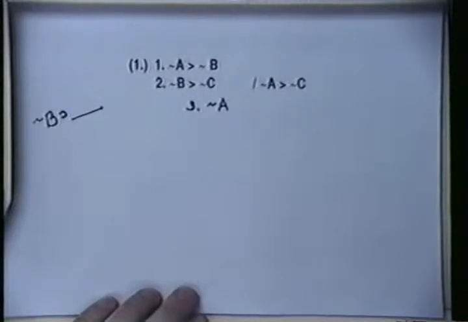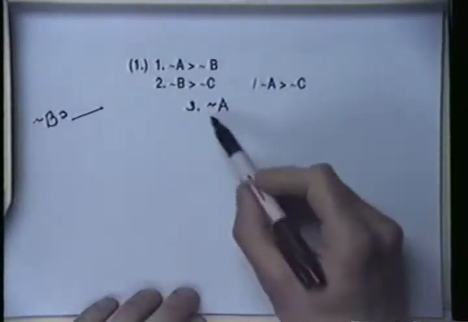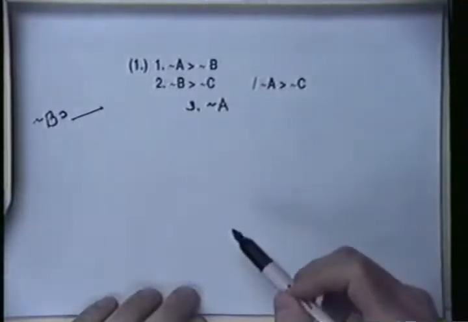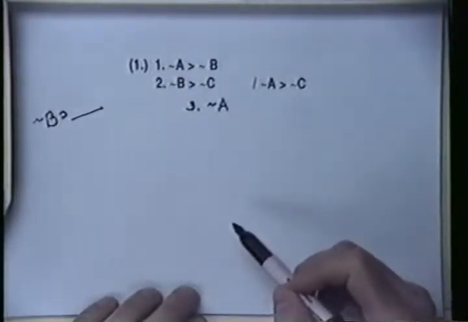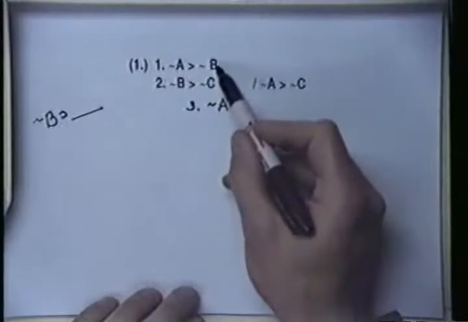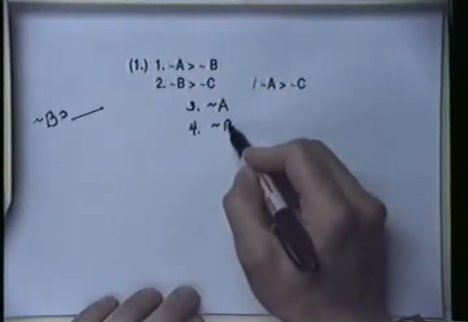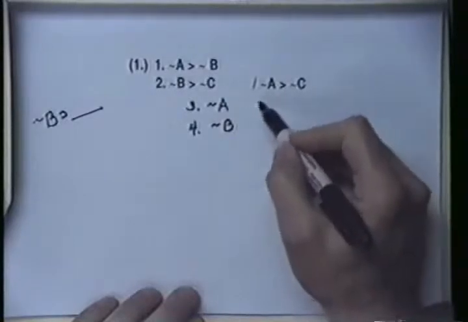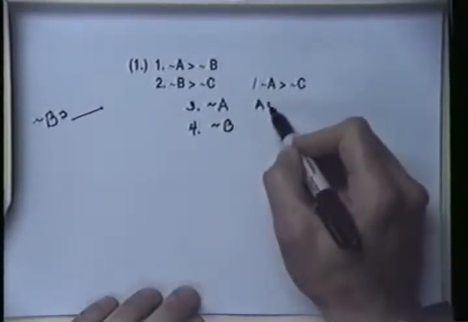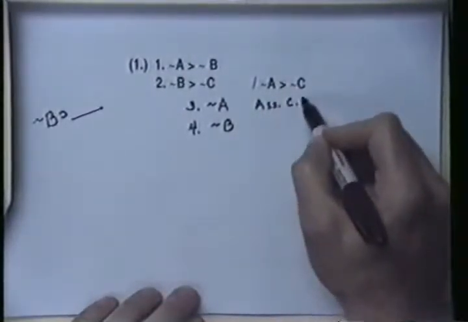With that on board, you can see conditional proof is powerful because it in effect gives you something else, another element to work with. So having not A, we can clearly get not B from line 1 by simply invoking modus ponens. We need to put up here, of course, assumption, conditional proof.